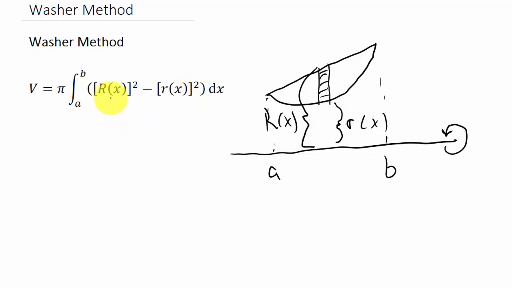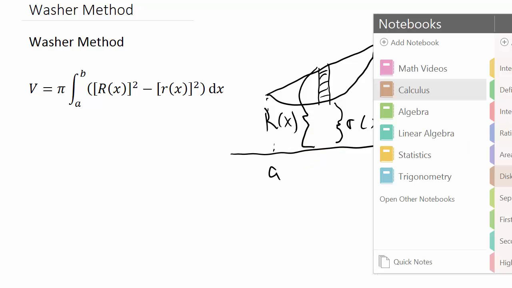The big R is the outer radius, and the little r is the inner radius, and the radius is measured from the line that you're going to revolve it around. Alright, let's go ahead and look at an example.